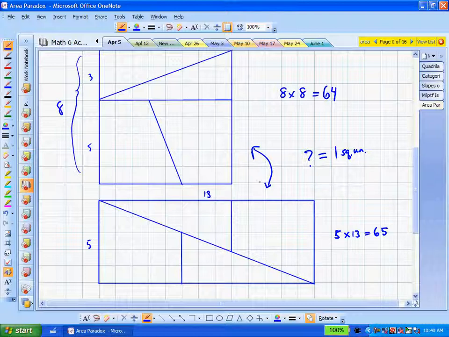When you cut things up, no matter what the shapes are, put them together in different order, they should have the same area. So I guess the question is, which of these shapes is right? Is it 64 square units that is the right shape, or is it 65 square units that's the right shape?